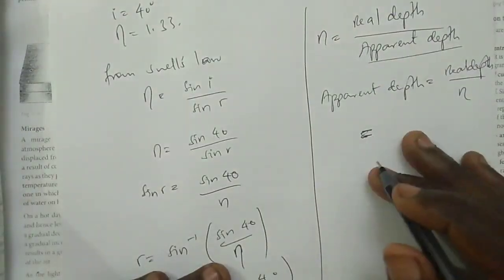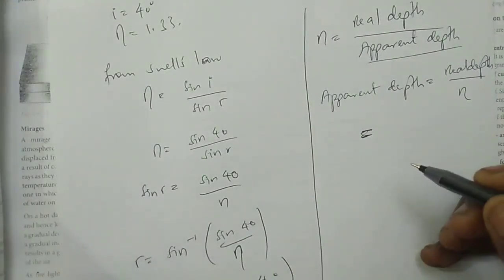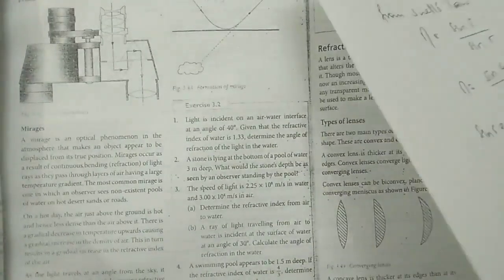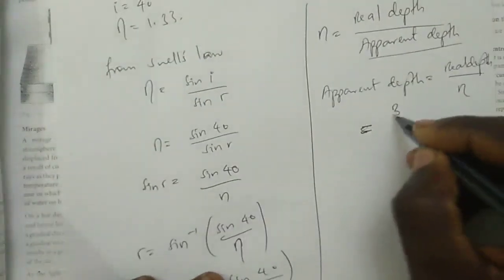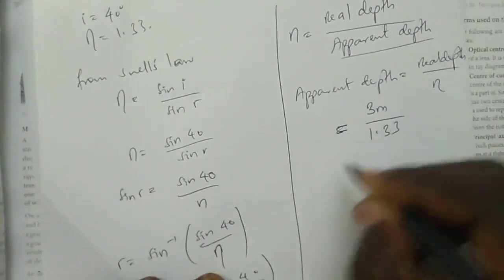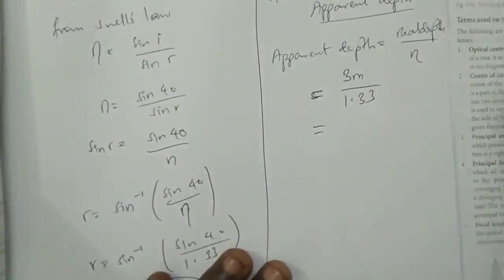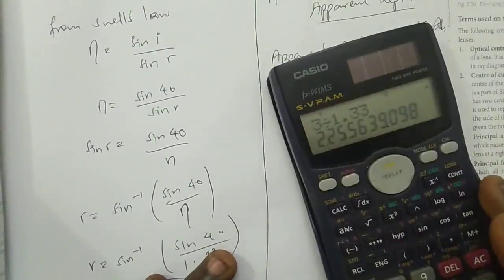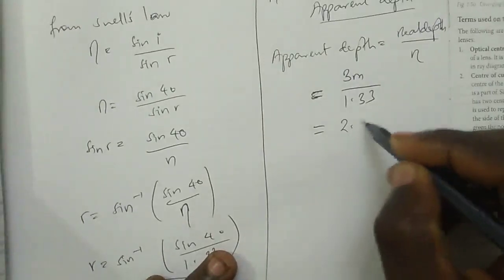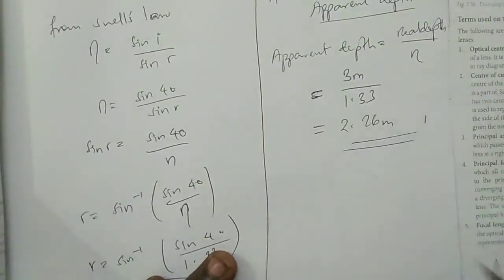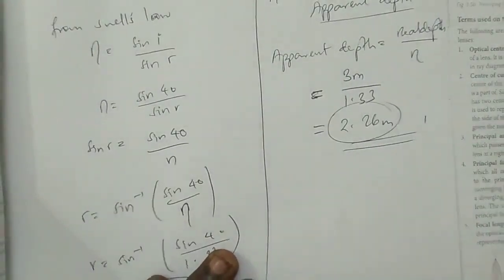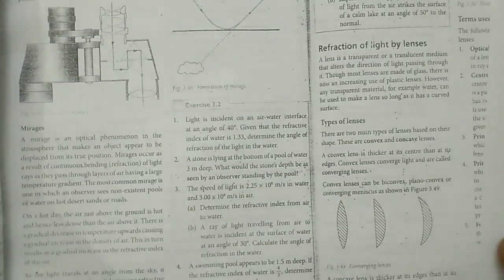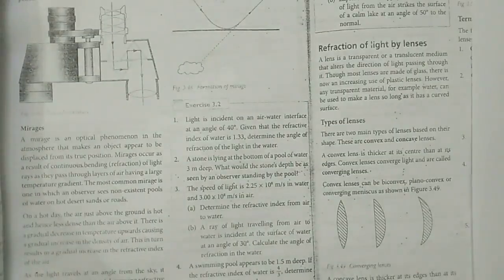So real depth ilikuwa ni 3 meters. So itakuwa 3 meters gawanya kwa refractive index ambayo ni 1.33. So you get 3 divided by 1.33 tapata ni 2.26 meters. This will be the apparent depth, or it will be the depth of the coin. Itakuwa ni stone's depth as seen by an observer.